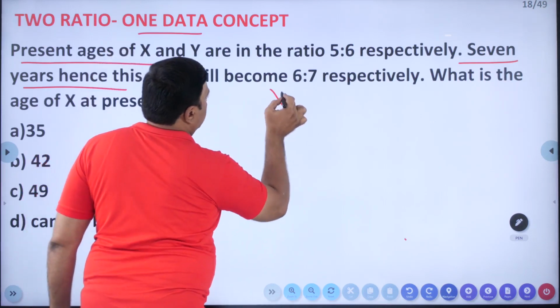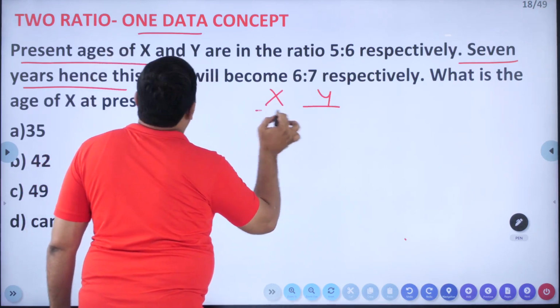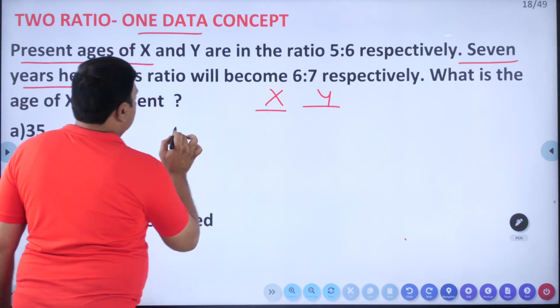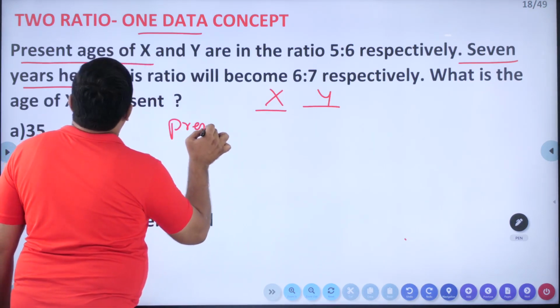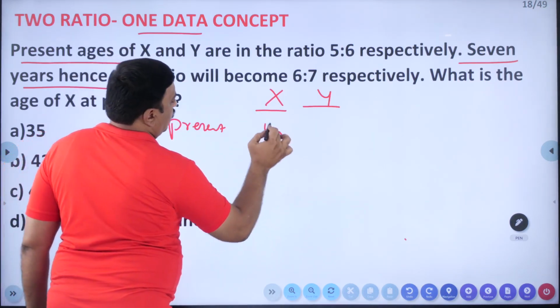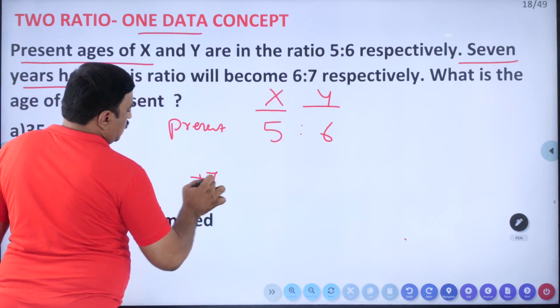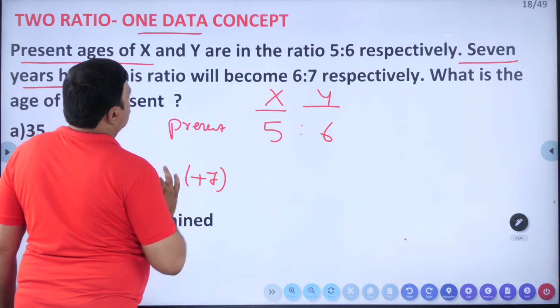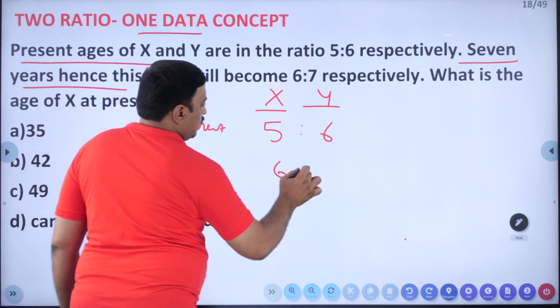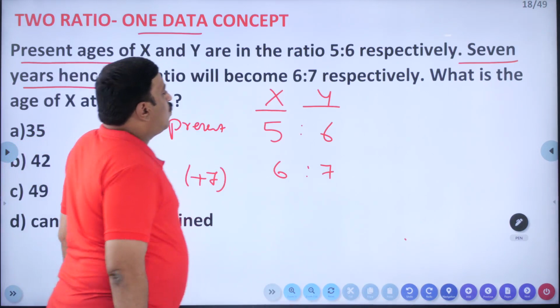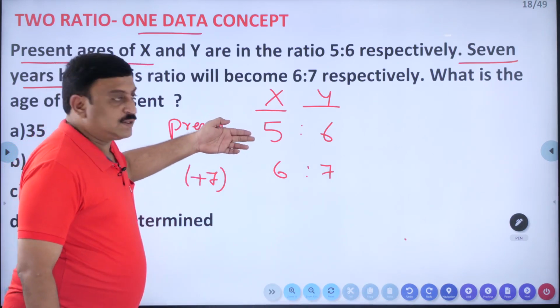X and Y are there. The present ages are in the ratio 5:6. 7 years hence, it will be 6:7. What is the present age of X?